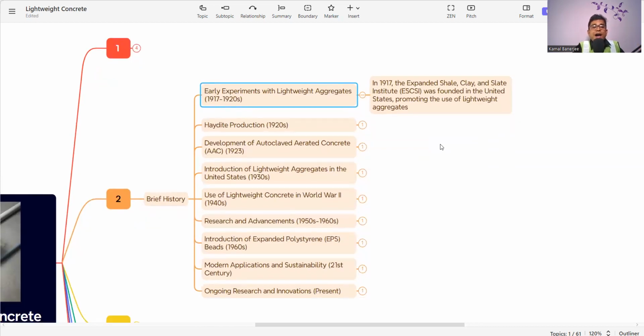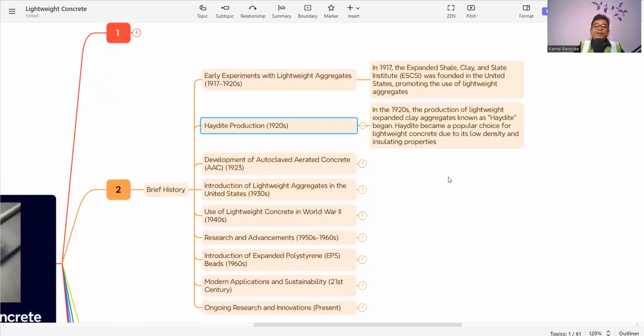Then Haydite production began in the 1920s, which was lightweight expanded clay aggregate. Haydite became a popular choice for lightweight concrete due to its low density and insulating properties, and it became widely used.